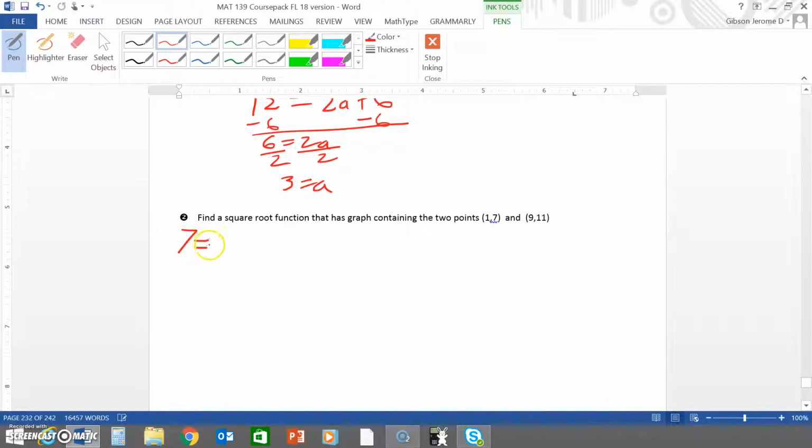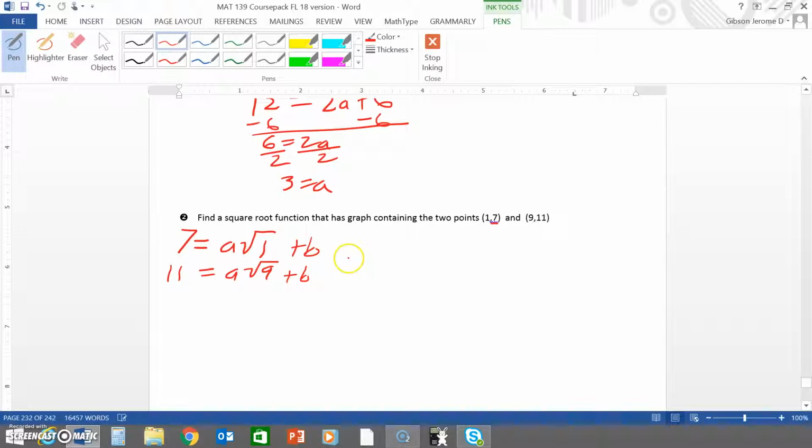So we will have 7, which is your y, set equal to a times the square root of x, which is 1, plus b. And then for the other point, we have 11 for y is equal to a times the square root of 9, that's x, plus b.